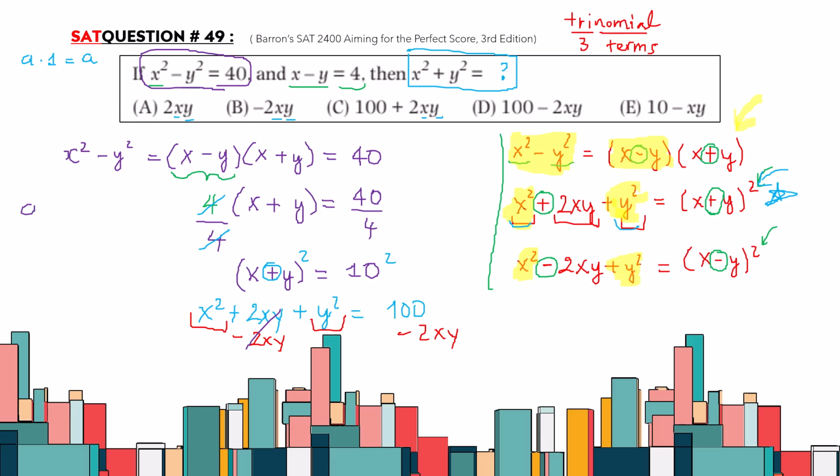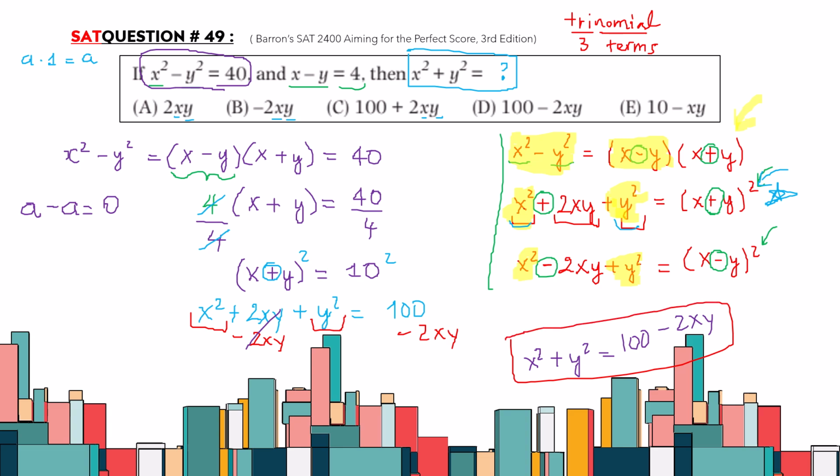Two of the same thing, one positive, one negative, add up: a minus a is just 0. So now we end up with x squared plus y squared equals 100 minus 2xy. And this is the final answer, our answer choice D.